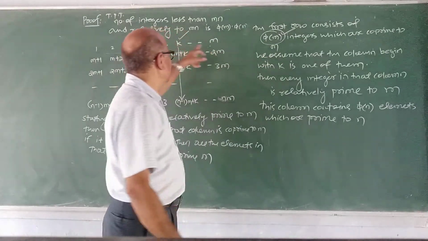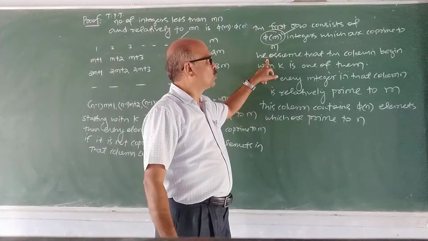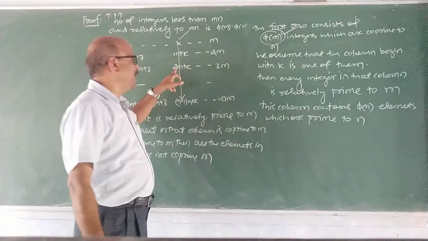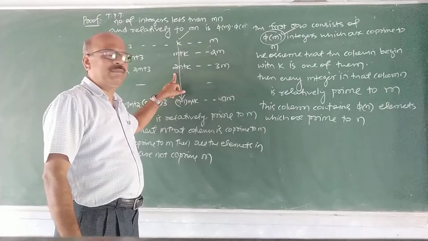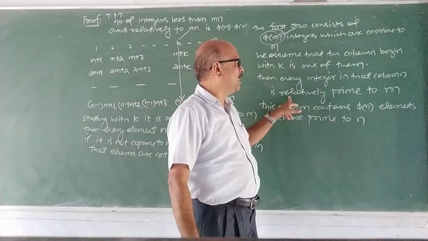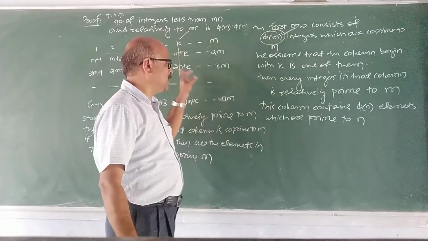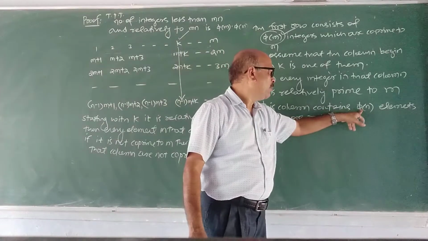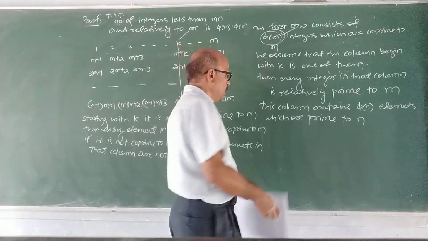The first row consists of pi m integers which are co-prime to m. We assume that the column beginning with k is one of them, that is relatively prime to m, less than m. Then every integer in that column is relatively prime to m. But this column contains how many integers? Pi n elements which are co-prime to n.